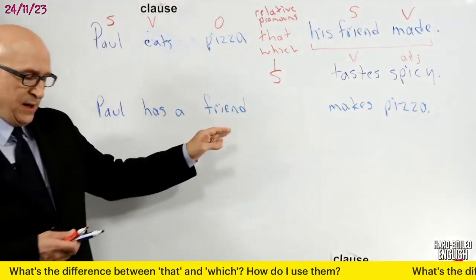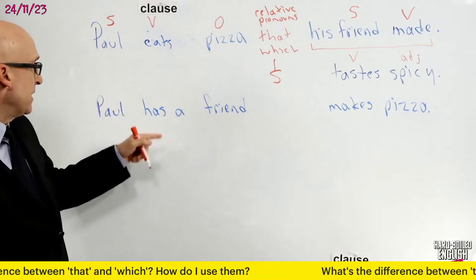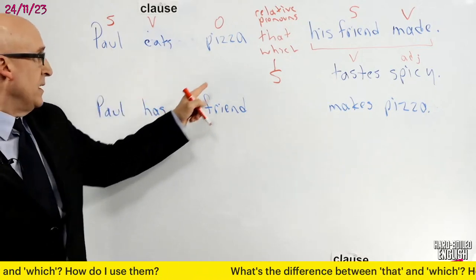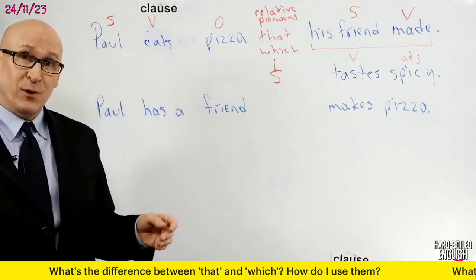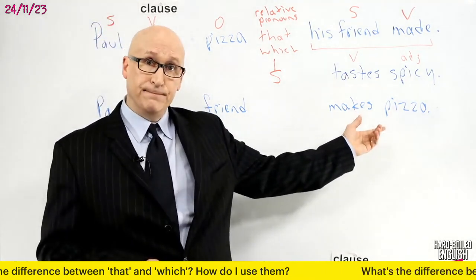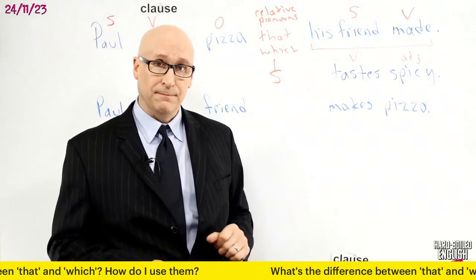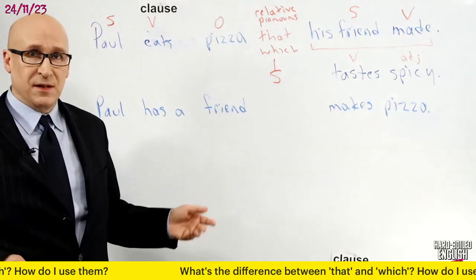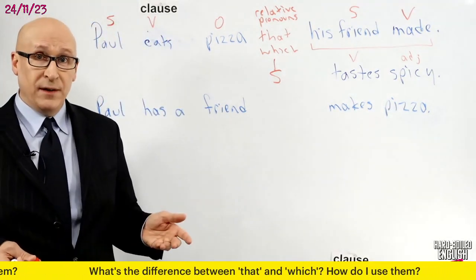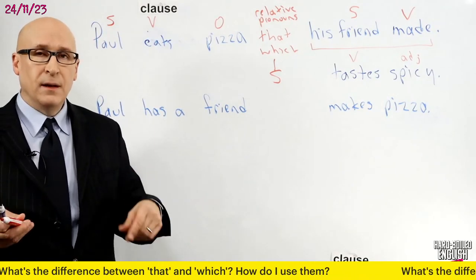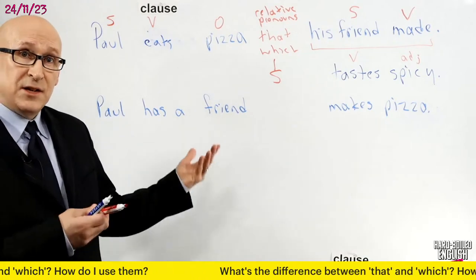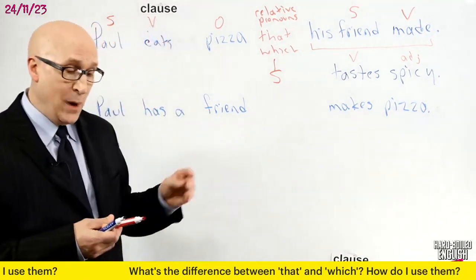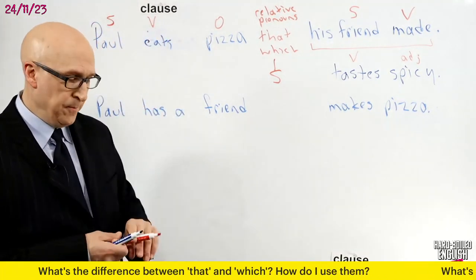Paul has a friend. Again, we have the subject, we have a different verb, and we have a different object. What kind of friend? Well, I told you I have a friend, and my friend makes pizza. Now, I could have two sentences. I could say, I have a friend, period. My friend makes pizza. It's boring. The adjective clause lets us connect in a way that describes the friend.